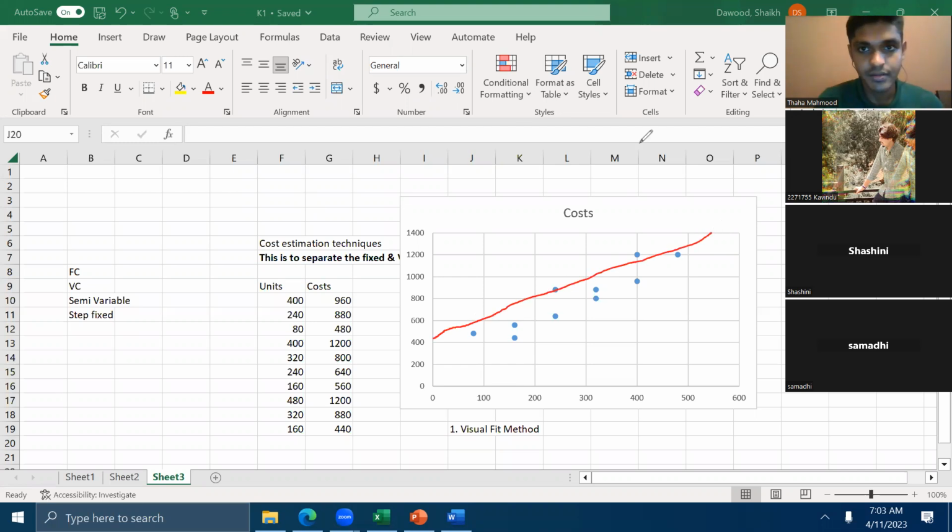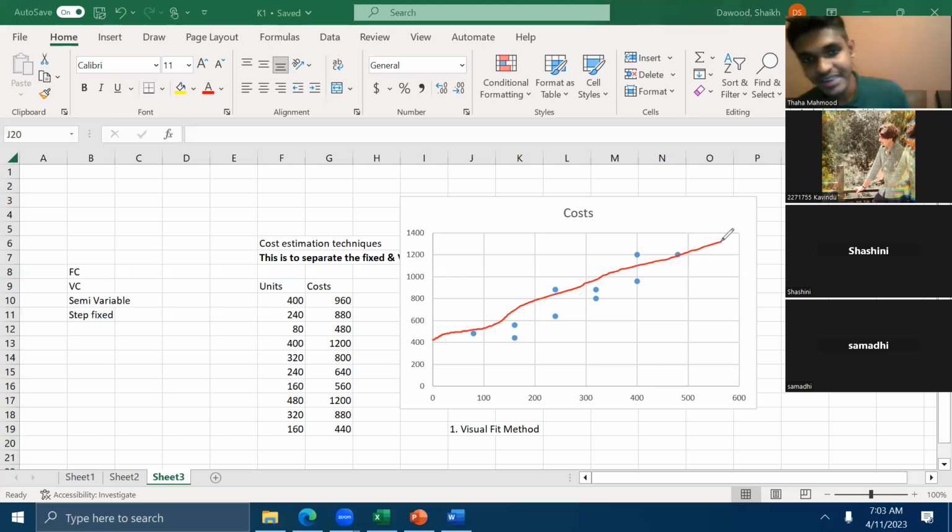No, that wouldn't be right. We draw a trend line like this. It would be a straight line. And then from here we find out how much the fixed cost is, and substitute it at some point.